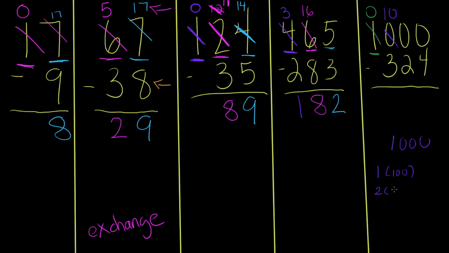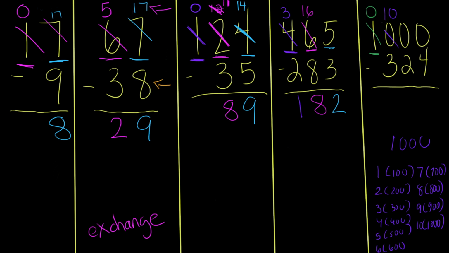If we have 200, that means we have 2. 3 would be 300. 4 would be 400. 5 would be 500. 6 would be 600. 7 would be 700. 8 would be 800. 9 would be 900. And 10 would be 1,000. So that's why we give 10, okay? Because there are 10 hundreds in 1,000.